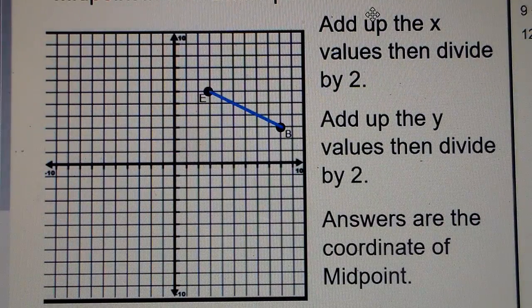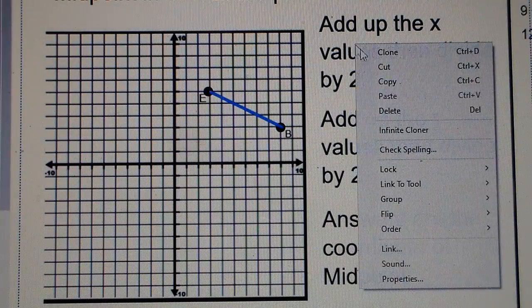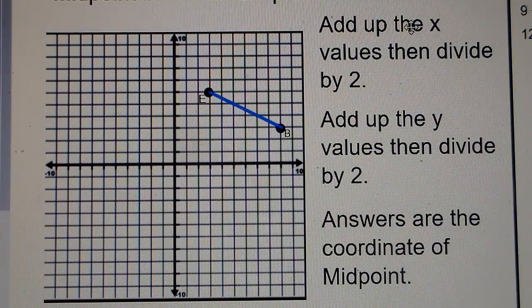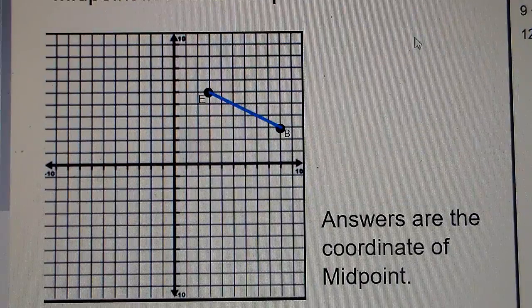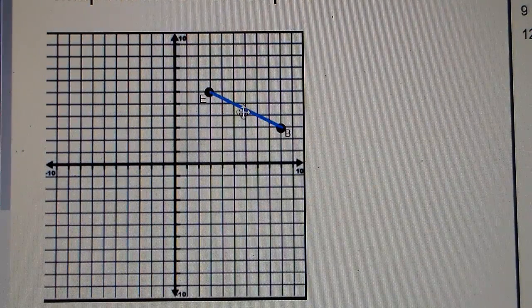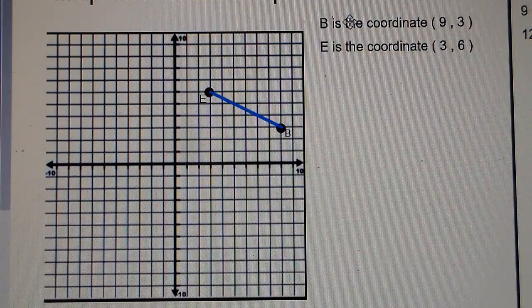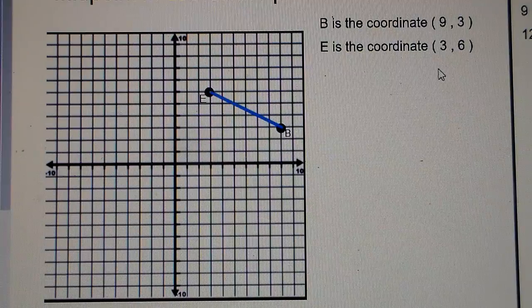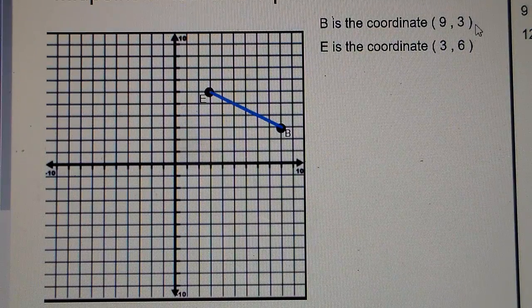Example number 7. Same story. We first identify the 2 coordinates. So B is the coordinate 9 to the right, 3 up, and E is the coordinate 3 to the right, 6 up. Our x values are 9 and 3, and the y values are the 3 and the 6.